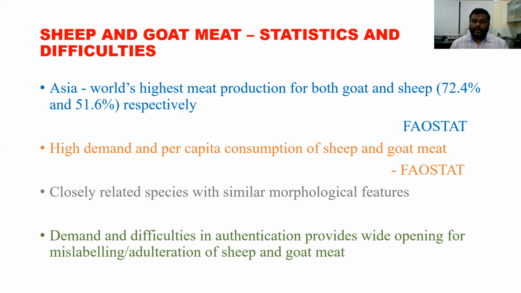goat meat. You are all familiar that the Asian countries have the highest goat and sheep population, and there is a huge demand for sheep and goat meat in our country. There is always economically motivated adulteration: replacing sheep meat or goat meat with any cheaper meat, replacing sheep meat with goat meat, or goat meat with sheep meat.